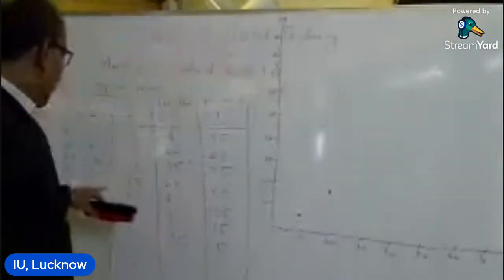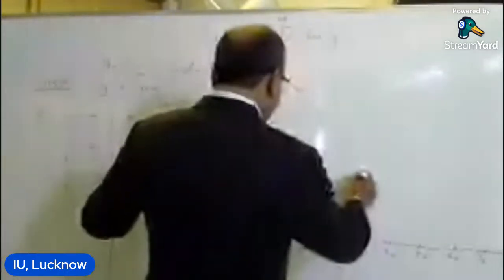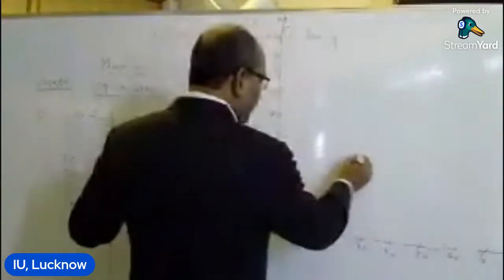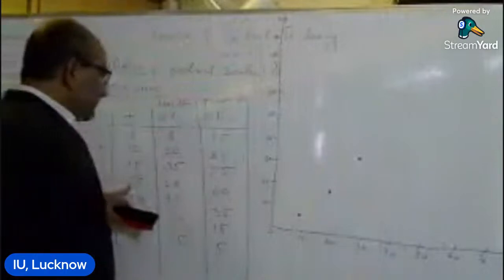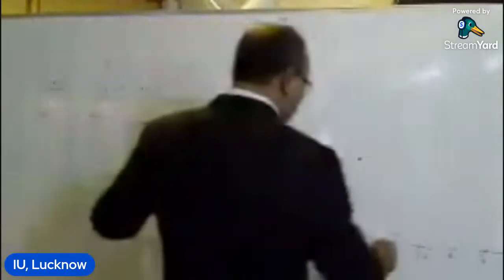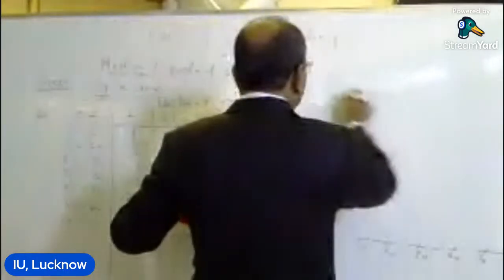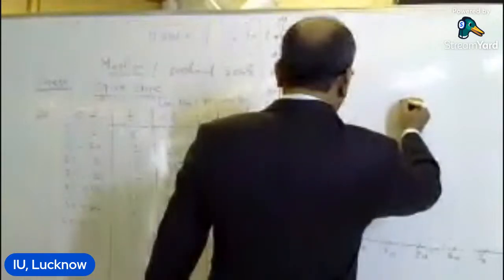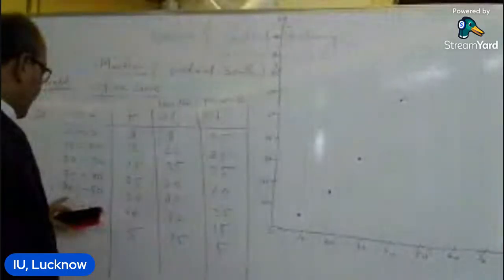Less than 30, the value is 35, somewhere here between 30 and 50. And less than 40, the value is 60. At 40 the value will be 60, and this is the corresponding point.